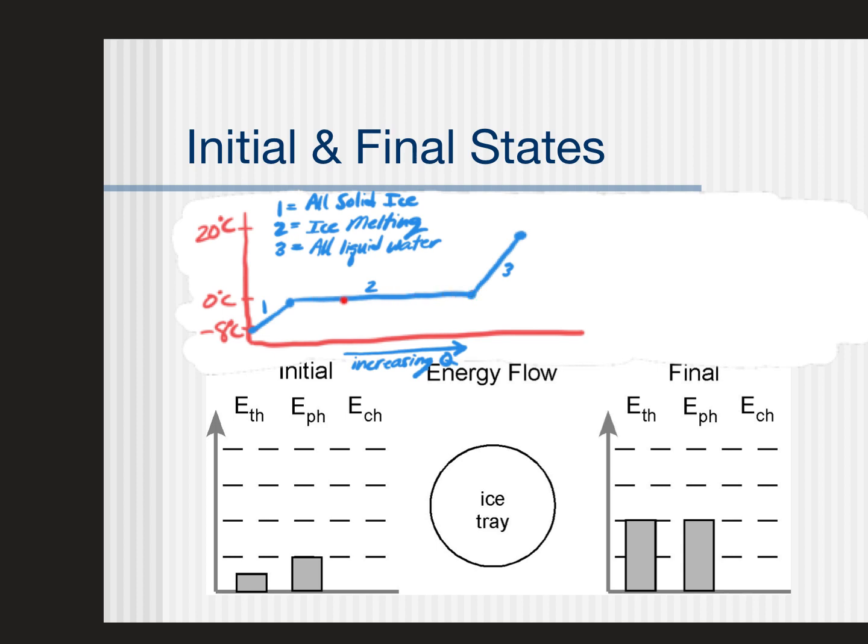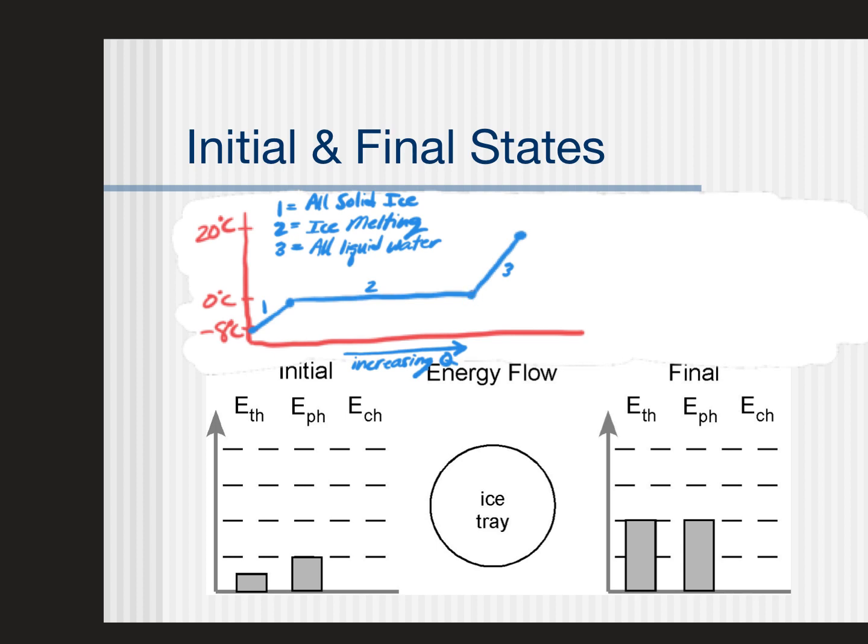We're adding heat all this time, and that heat energy is not increasing the temperature. It is only melting the ice. We're increasing in phase energy. Okay? We're going from solid to liquid until we get to the point where there is no more solid ice. It's all liquid at this point.